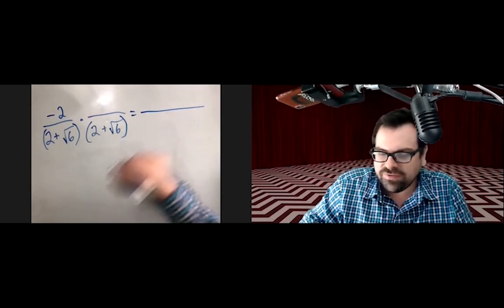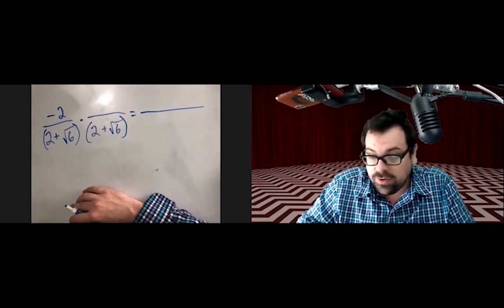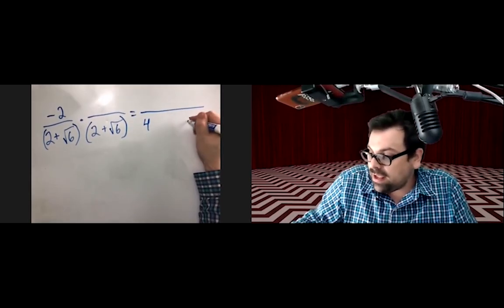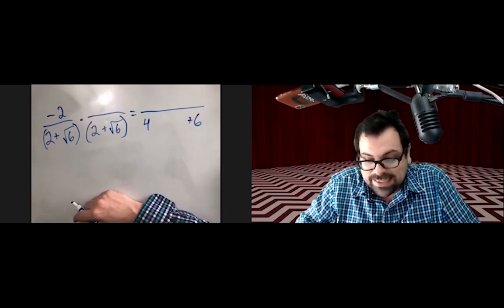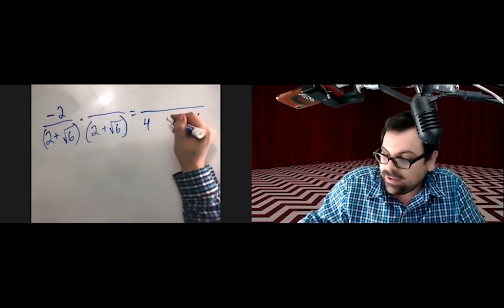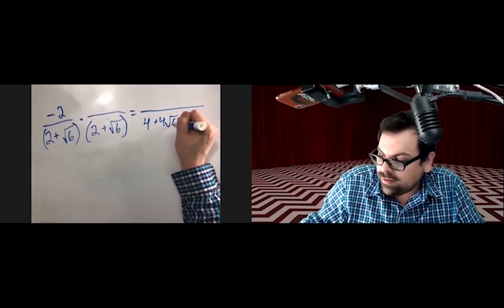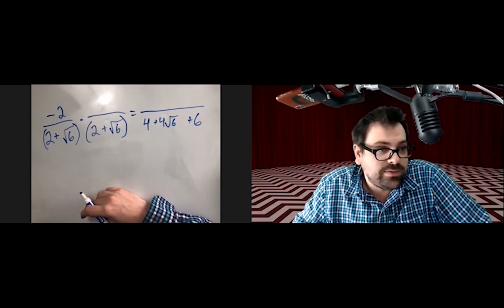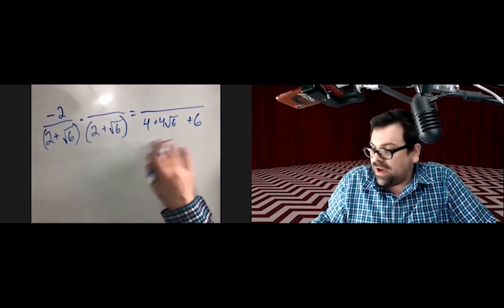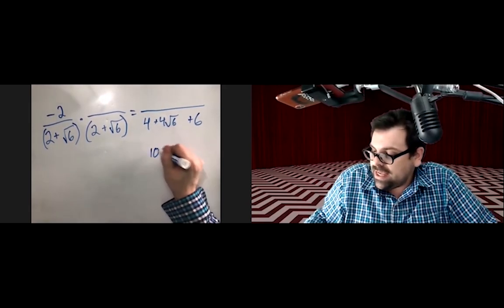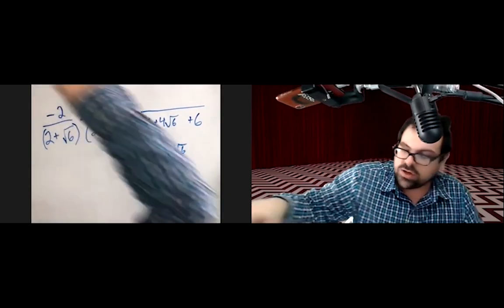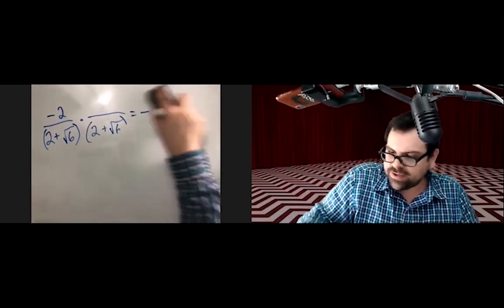And we just looked at the fact that that would get rid of the radical at the beginning and the radical at the end, but it's going to be a 3-term thing that still has a radical in the middle. While this will simplify to 4 plus 6 is 10 plus 4 radical 6, it does not get rid of the radical. So we try again. Squaring isn't going to do it.